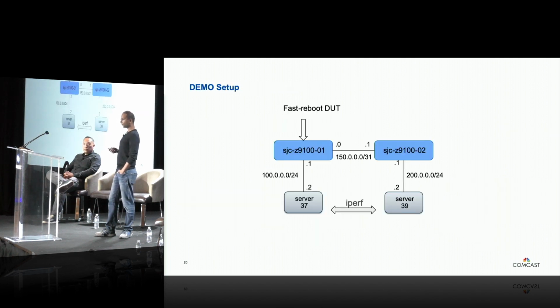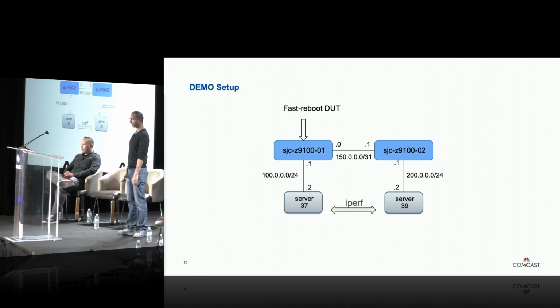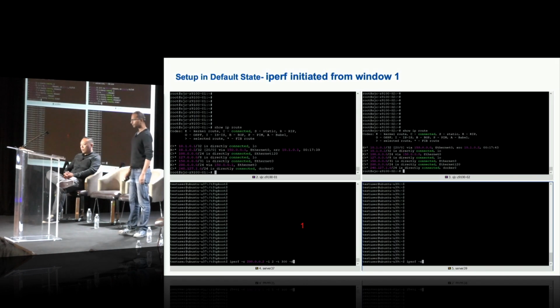Here's the setup. On the top, we have two boxes running SONiC, and at the bottom, servers 37 and 39 running iPerf. The top two windows show those two switches in steady state, and the window marked 1 shows iPerf turning on.